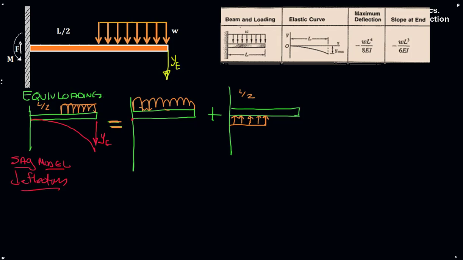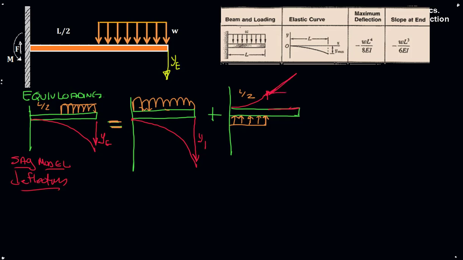Here we have the load acting the entire way, so we'd have a very large deflection here, which I'll call Y1. And here the load acts up, and it'll curve as if it was a short beam of length L on 2. After that, there's no more load down here, so this portion of the beam will stick out perfectly straight.